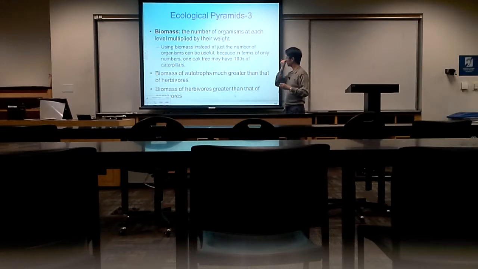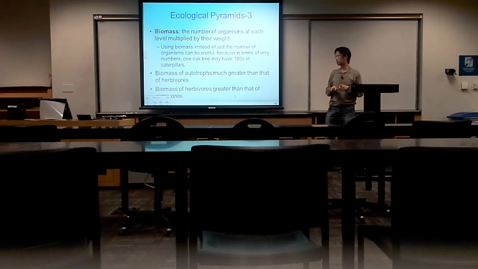The biomass of autotrophs is much greater than that of the herbivores. Of course, we need to have a lot of autotrophs in order to support the needs of the herbivores and also the needs of the carnivores. But as I mentioned previously, what we are doing right now is destroying the forestation.